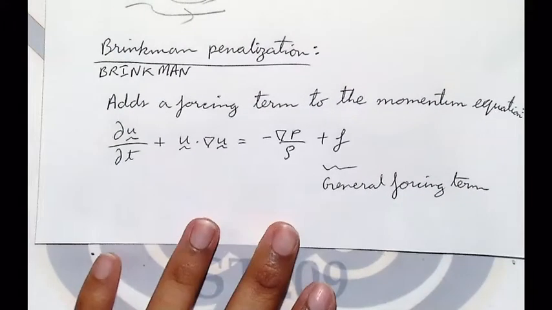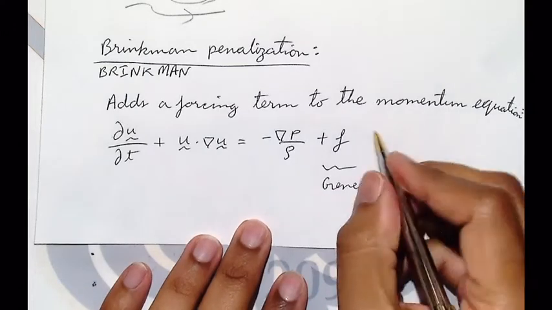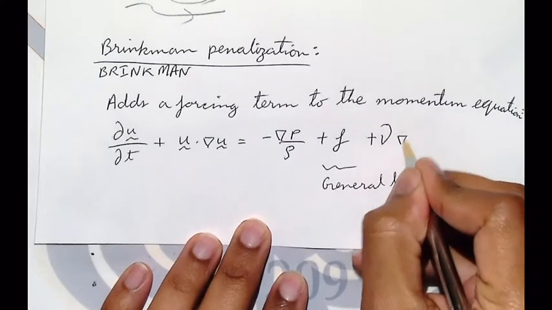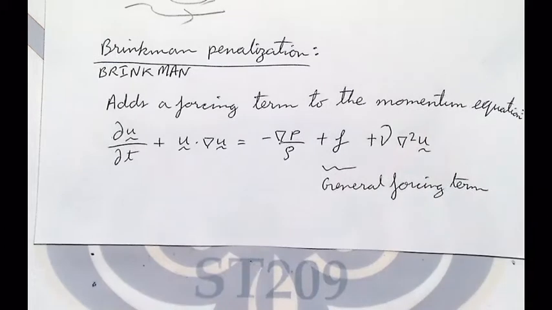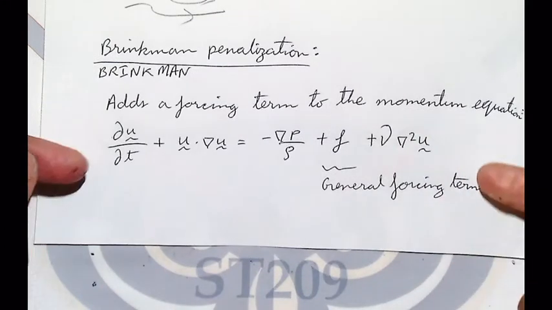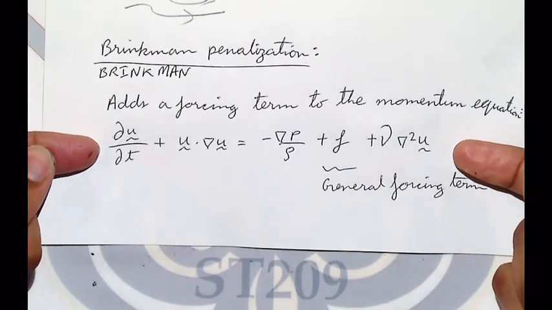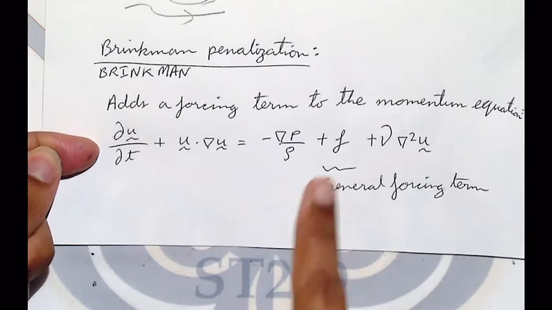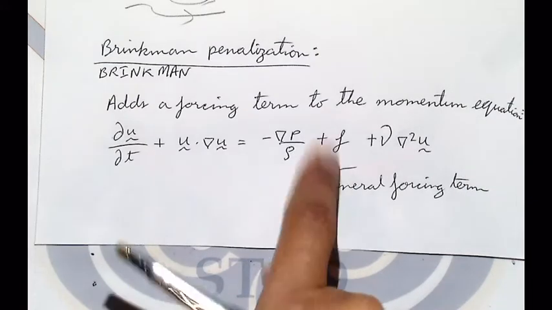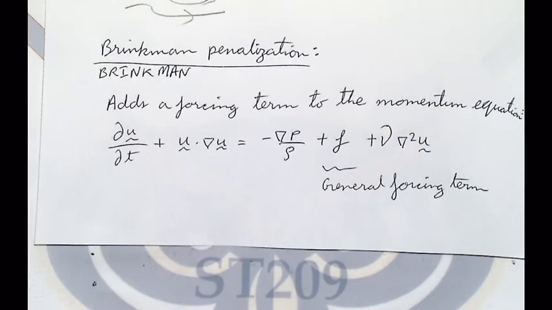Okay, now I'm missing the viscous term. So it's basically the normal Navier-Stokes momentum equation plus an extra term, a forcing term. And if you think about it, this forcing term can represent many different things.